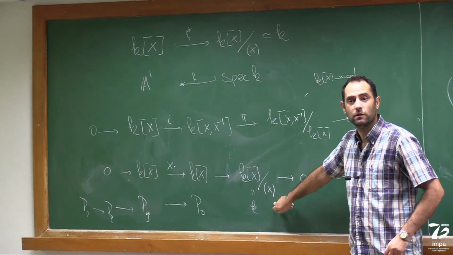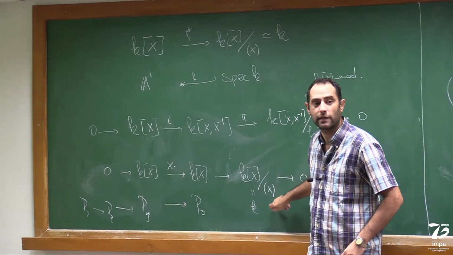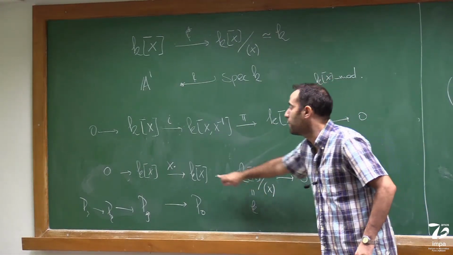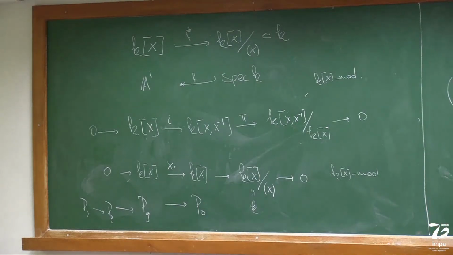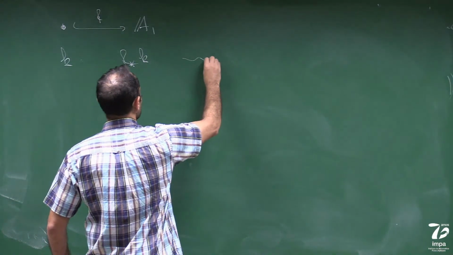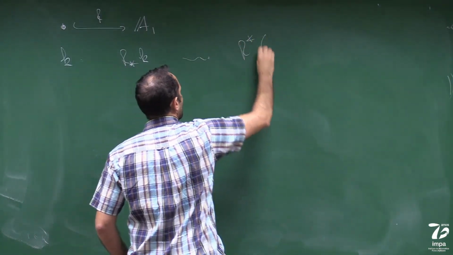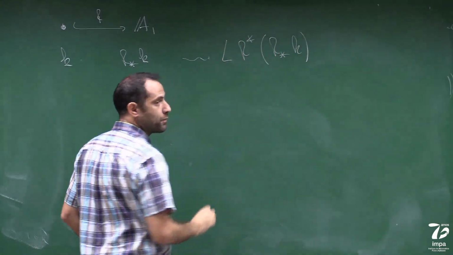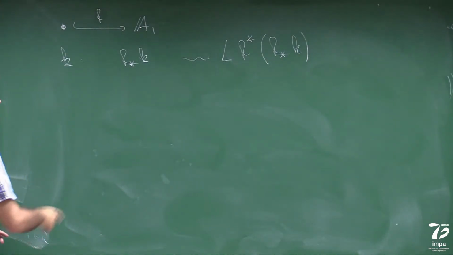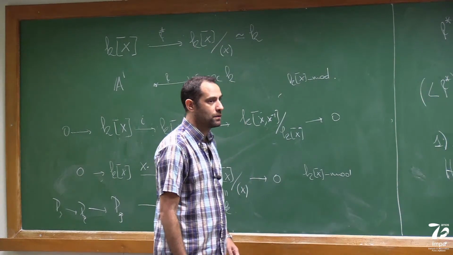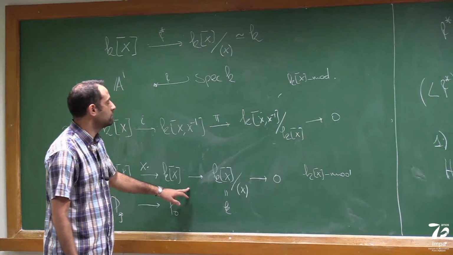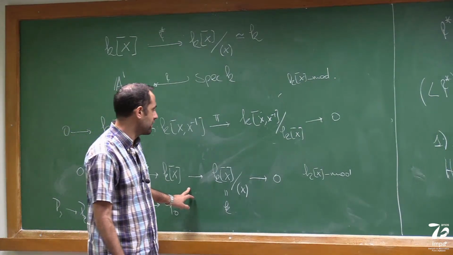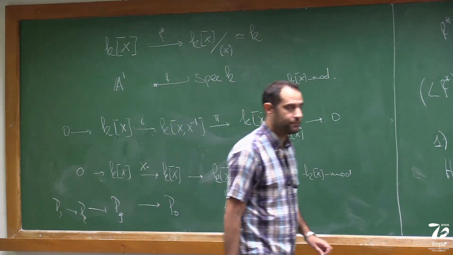It's this module that is supported at x equal to 0 in the line, and I'm pulling it back. So what I want to compute now is the derived pullback of that module. In order to do that, I needed to resolve my S, which I already have, and then I need to tensor it with M. Well, the module that I'm tensoring with is this guy itself.